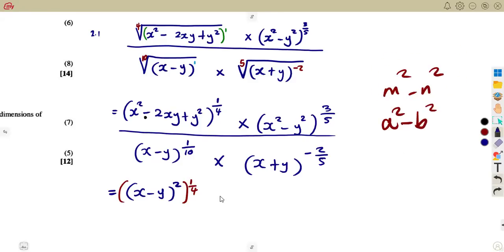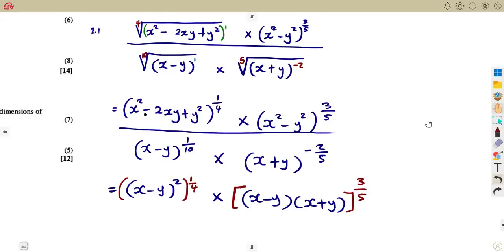So meaning to say, we are going to have two brackets there: x minus y into x plus y. This is what we have. But the whole part was being raised to the exponent of what? 3 over 5. So it simply means also the whole of these two brackets will be raised to the exponent of 3 over 5. Do not forget your exponents.